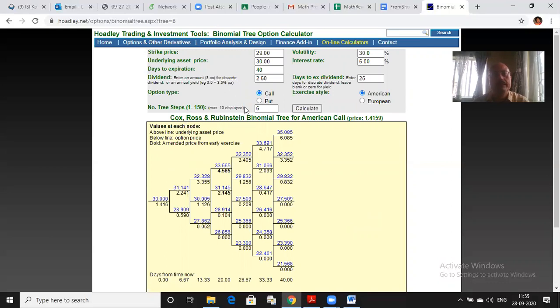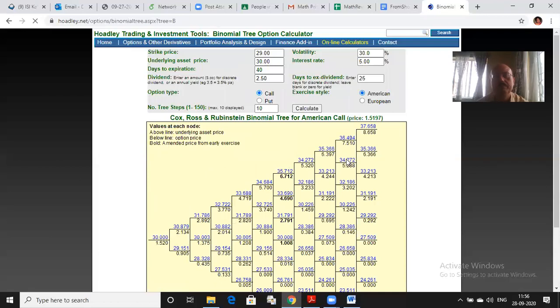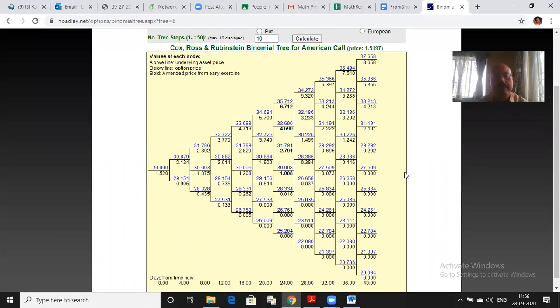So here the initial choice, I have not yet explained all these things, but let me just tell you what happens when I change my time steps. So I changed it from 6 to 10. So basically I have 10 time steps.